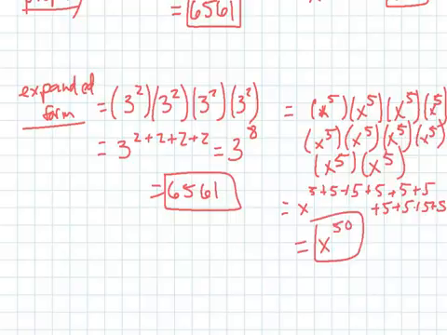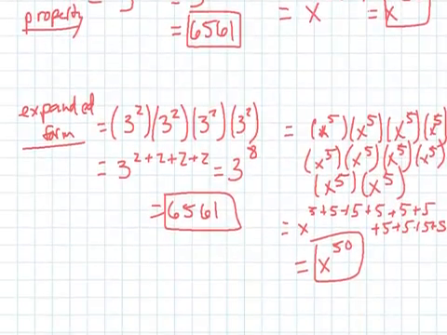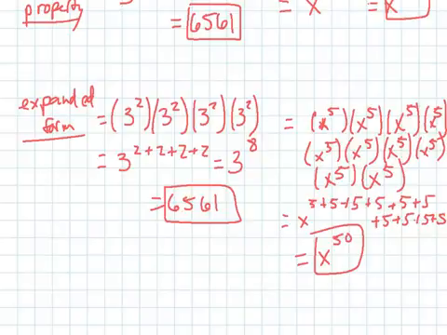So I get the same thing. Now notice the reason why I usually use the property is because it's a lot less work. But if you don't understand how we're getting that, this is the reason why. It is because of that many. We're using the product property from yesterday to be able to do this.